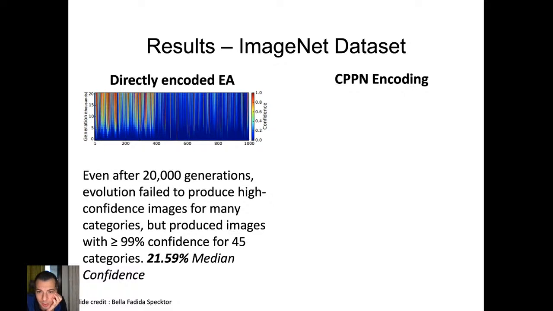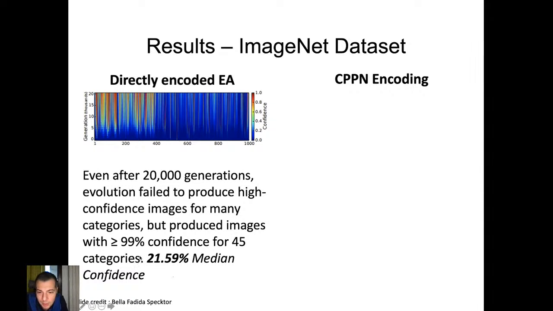Here they try 20,000 generations to evolve the images. There are some images that have high confidence, but not all of them.